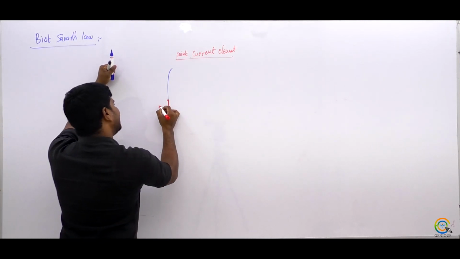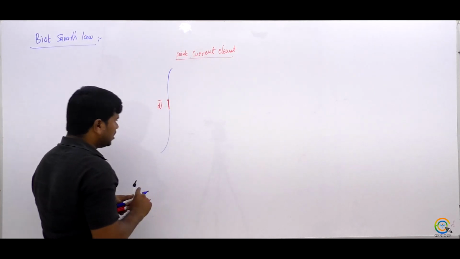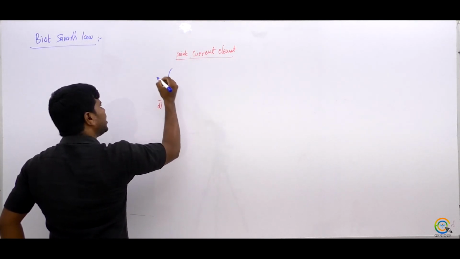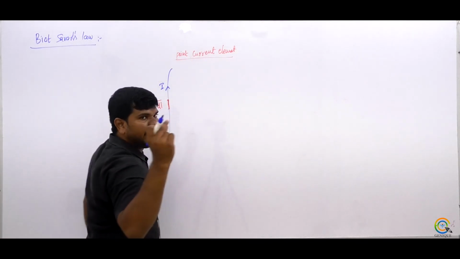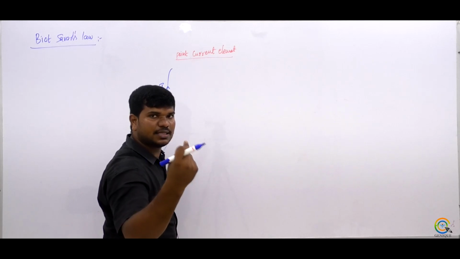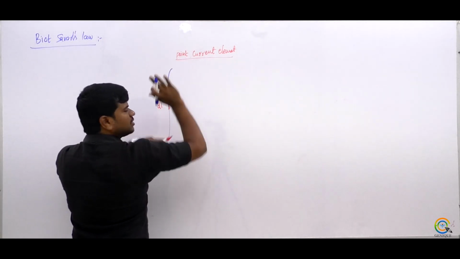Here the length is dl bar. Let us suppose the current is flowing in this direction. Point current element means a very infinitesimally small length current carrying wire.